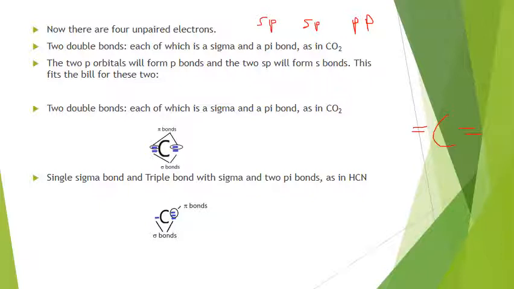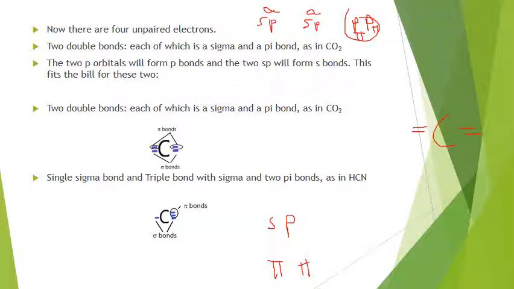The p's are always going to form pi bonds. So these two p orbitals are going to form pi bonds, so that with this sp hybrid, we'll have two pi bonds that form from the p's, and then we'll have two sigma bonds that form from the sp's.